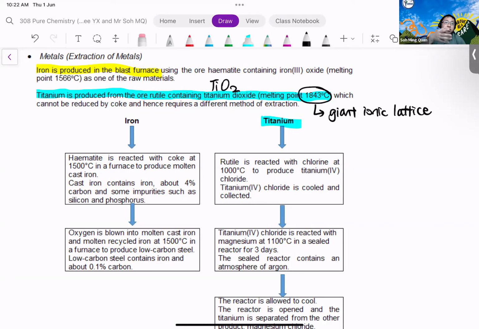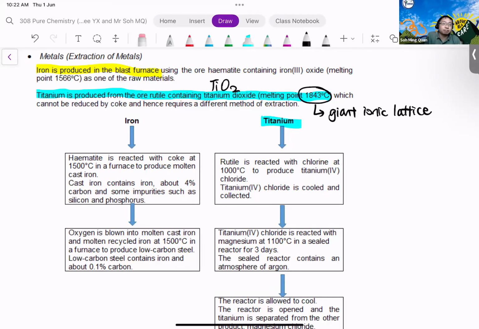You have learned that metals and non-metals, titanium, oxygen, they will combine together, react together, and the compound formed will have a giant ionic lattice structure with strong electrostatic forces of attraction between the oppositely charged ions. Hence, a lot of energy is required to overcome the strong electrostatic forces of attraction between the ions, and so the melting point is very high.